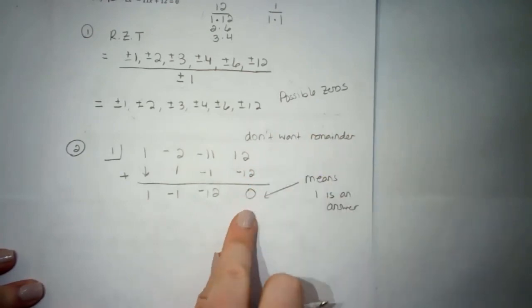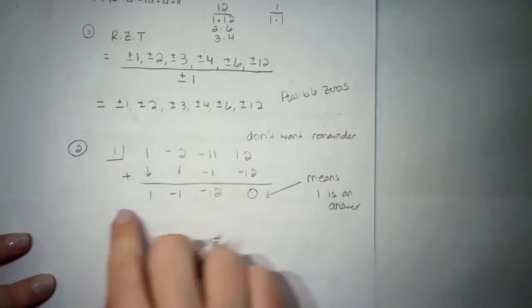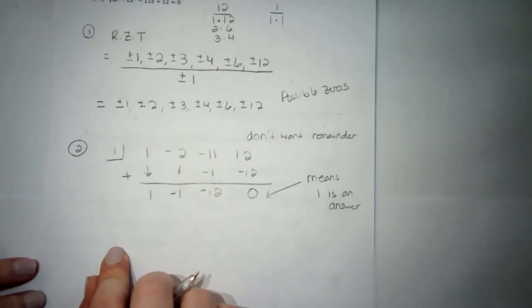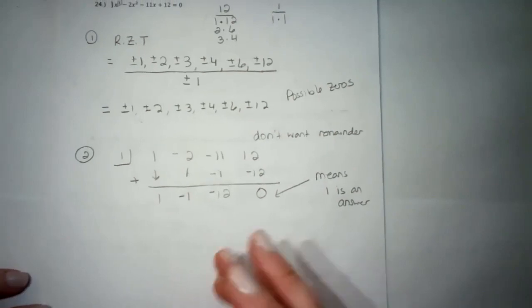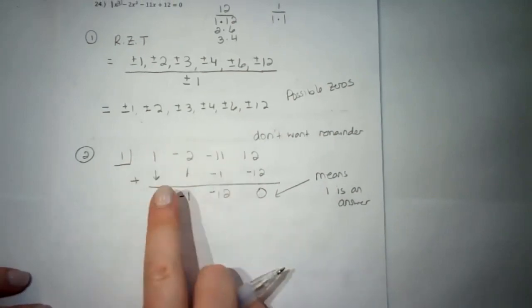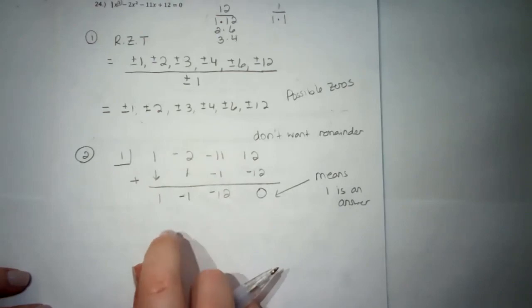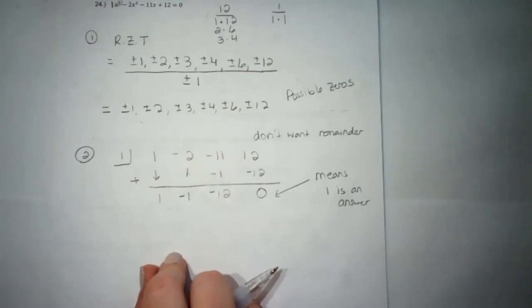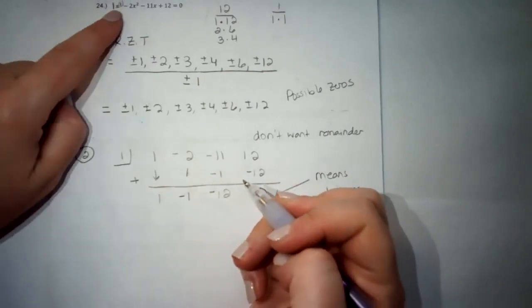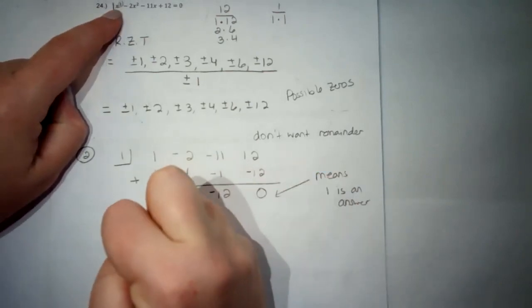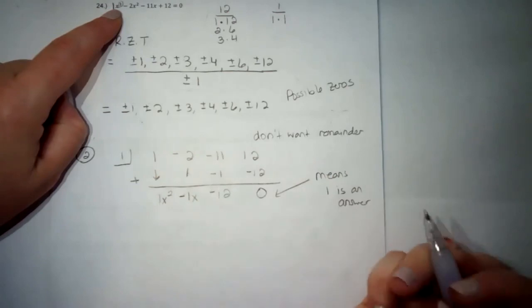Now, if we had come up with a remainder, we would have had to scratch that and try another one. We could have tried -1, or 2, or something else. We have to find 3. But the good news is, by doing this, we have knocked down the poly to a quadratic that we can factor, so we don't have to do this again. We were x to the 3rd, so now we're going to be x to the 2nd.